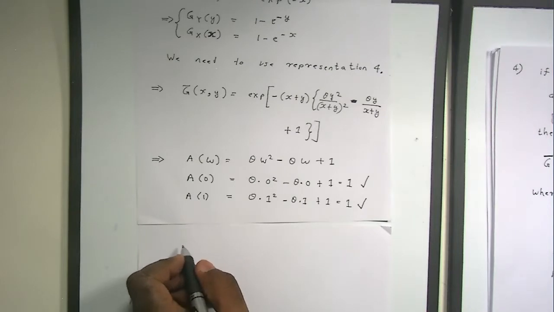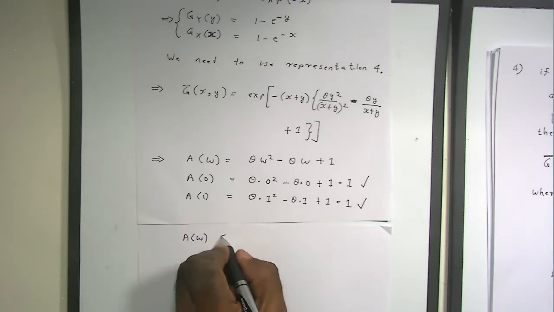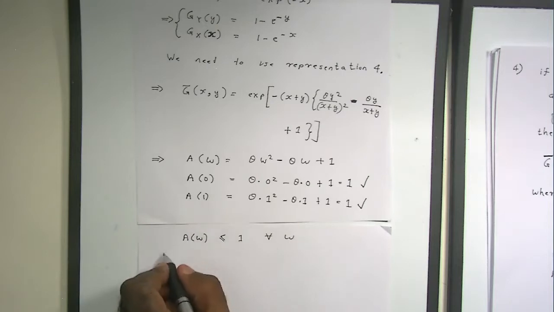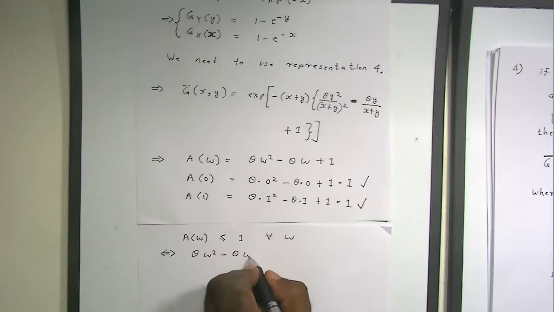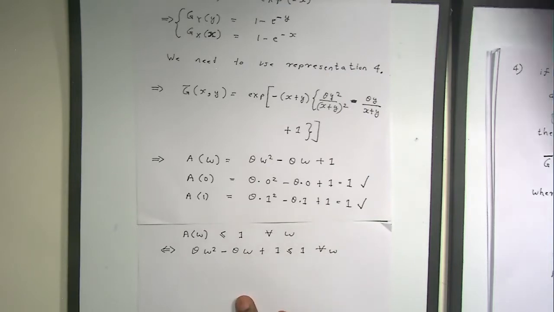A of omega is less than or equal to 1 for all omega, which is the same as saying that theta omega squared minus theta omega plus 1 is less than or equal to 1 for all omega.